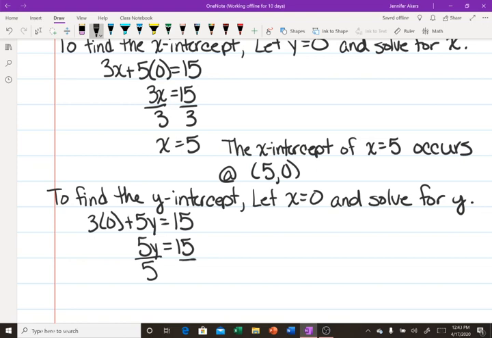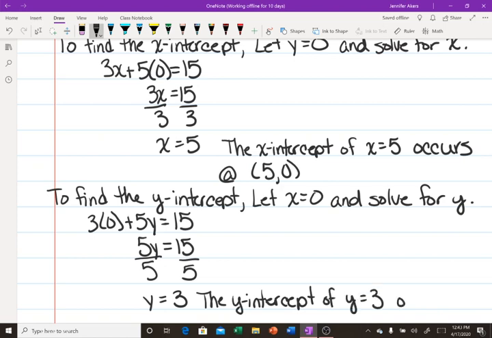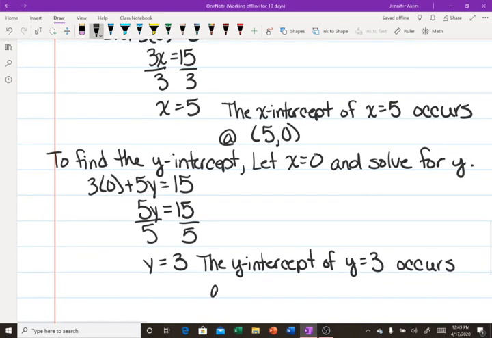Divide both sides by 5. Y is equal to 3. So the y-intercept of y equals 3 occurs at the point (0, 3).